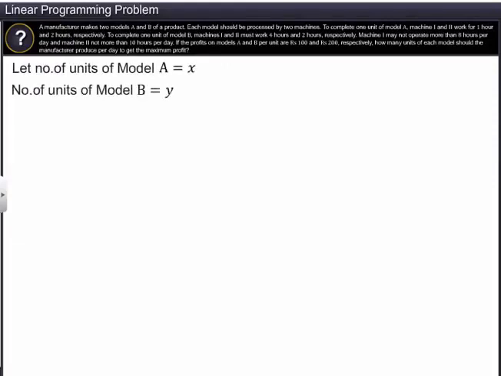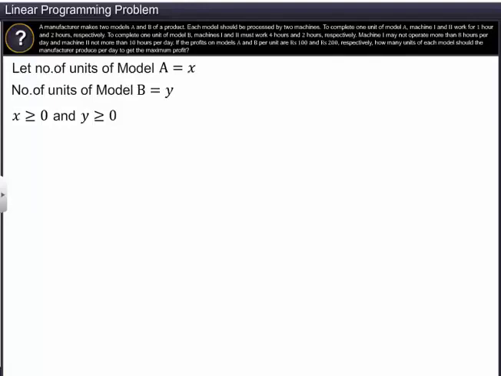Let us now frame the inequalities in terms of x and y. In this problem, the number of units cannot be negative. Hence, x and y are greater than or equal to 0.